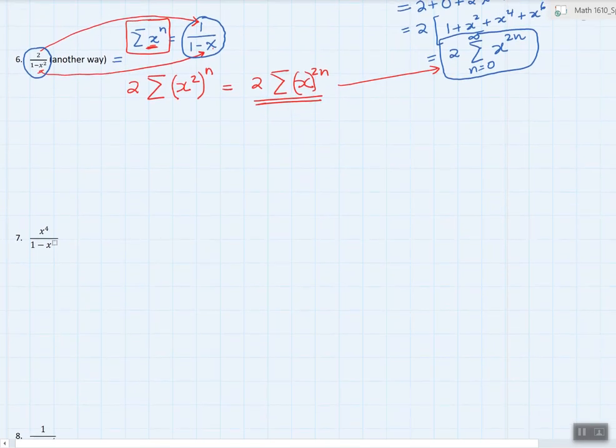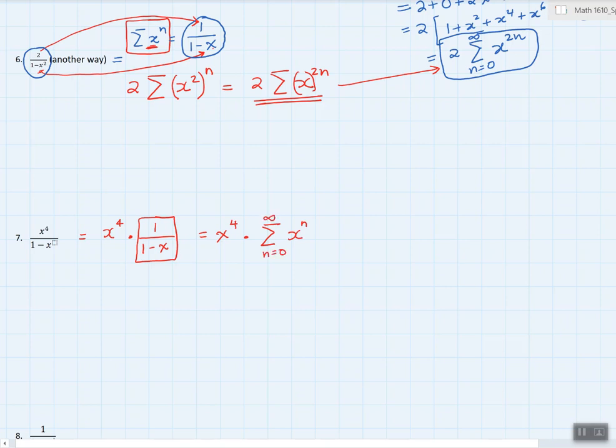Let's go to the next one. So x to the power 4 over 1 minus x. This is very simple. It just means x to the power 4 times 1 over 1 minus x. Now 1 over 1 minus x can be written in its power series representation, and that is simply x to the power n.